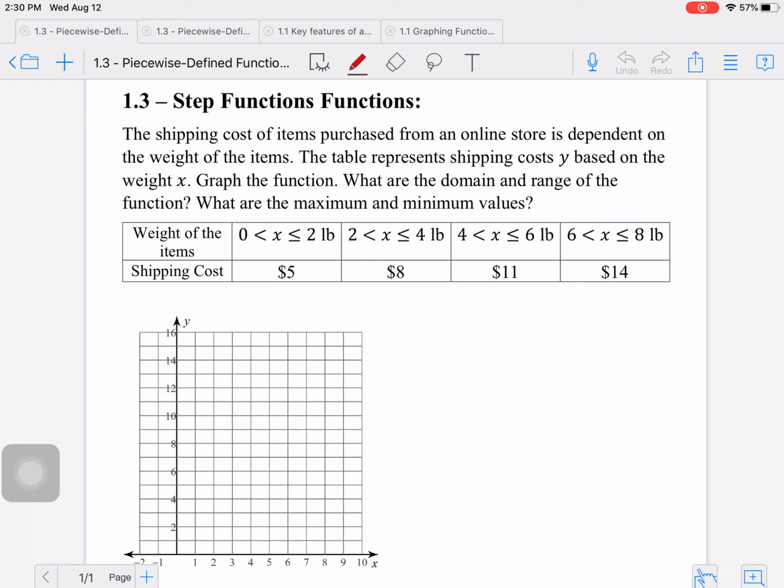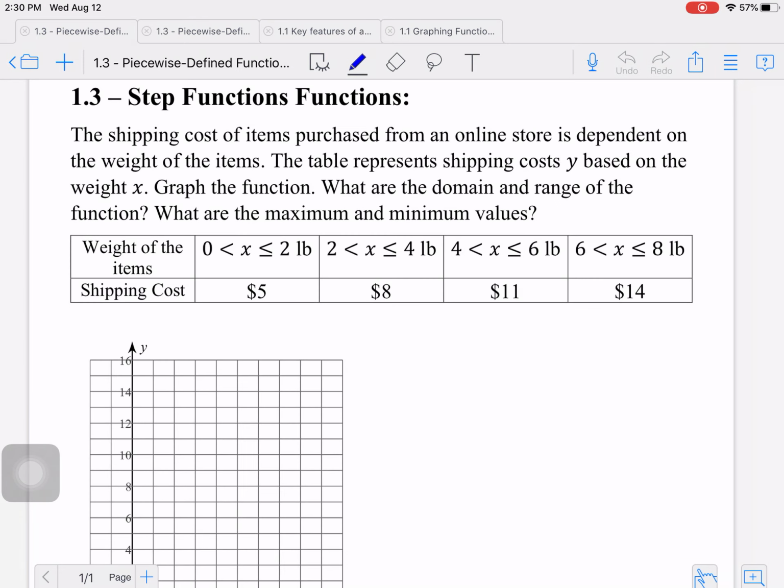So today's lesson, we're gonna talk about step functions, and as you can see, the title says functions twice for some reason. Not really sure why. Anyways, step functions is something similar to what we saw with piecewise defined functions.